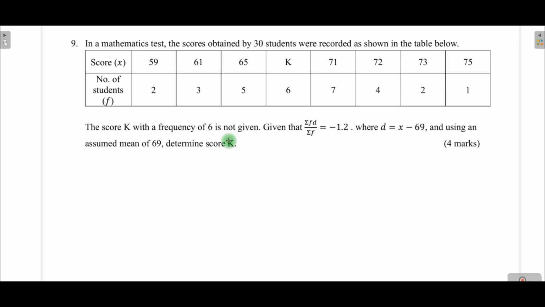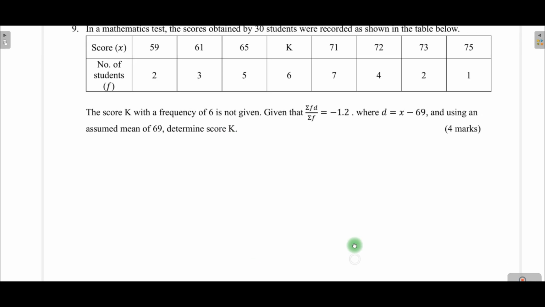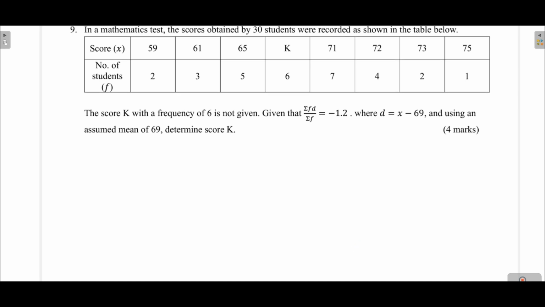You'll allow me to rewrite the table in a vertical way. So we have x, the scores: 59, 61, 65, k, 71, 72, 73, and then 75.